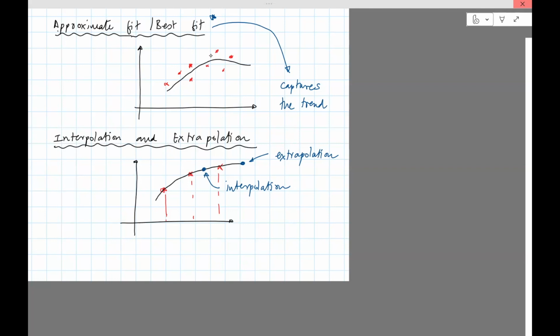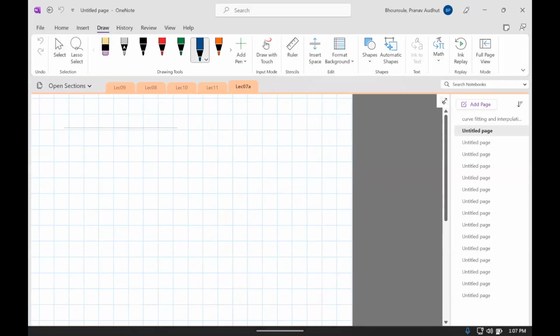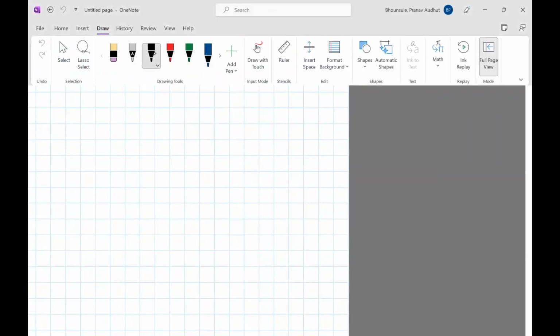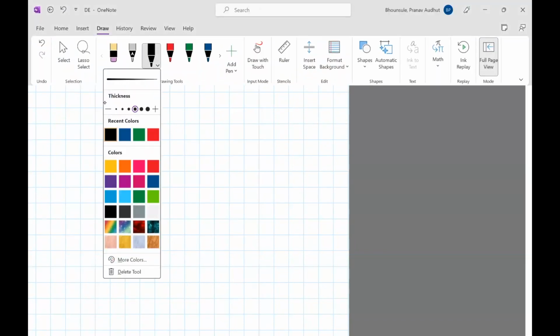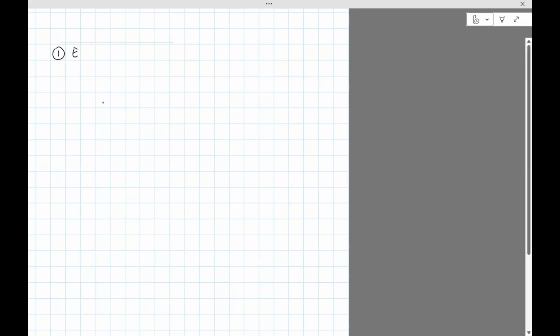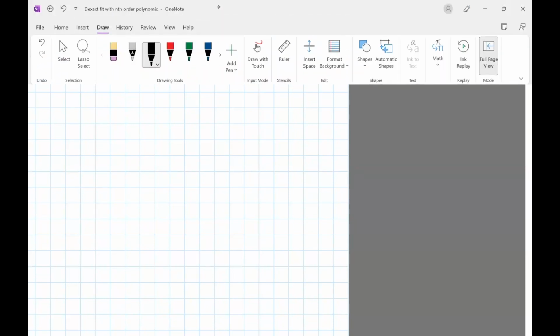Okay, let's get to some of the methods to obtain an exact fit. So the first one is something we've seen before. We can use a polynomial to fit the data: an exact nth order polynomial.